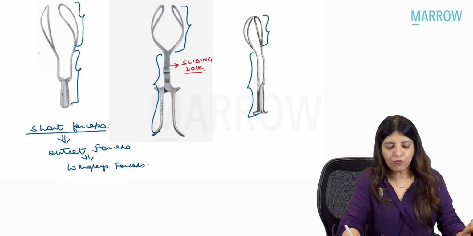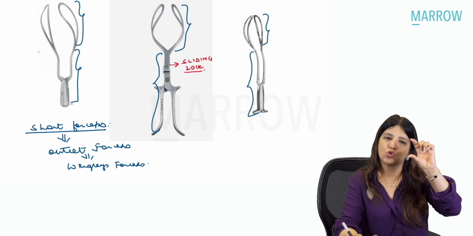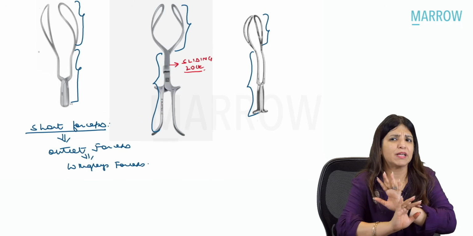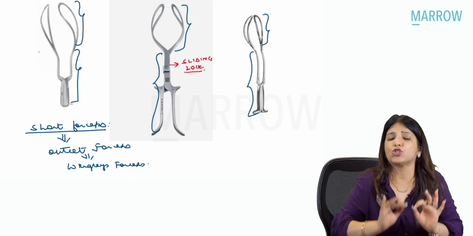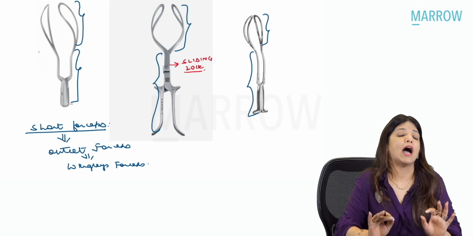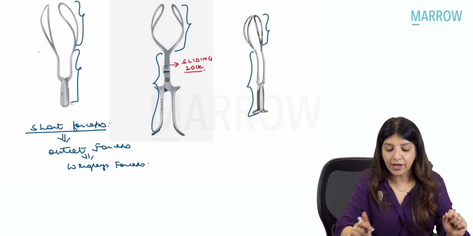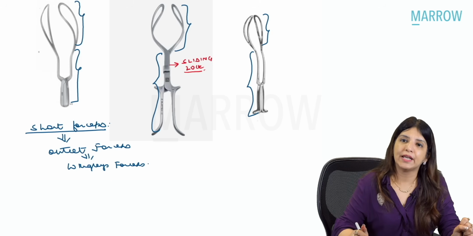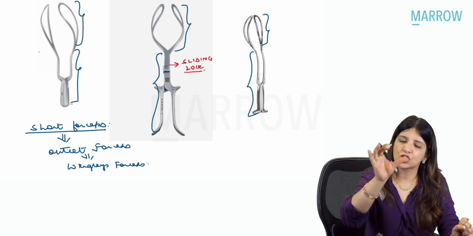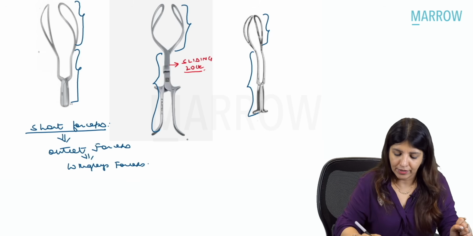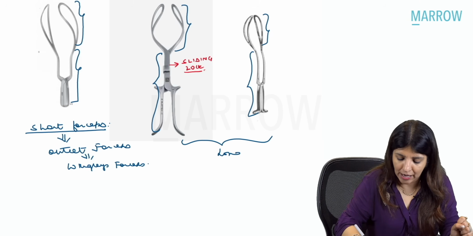Now, if you are seeing that the blade is short but the shaft and the handle are long, that means they are examples of long forceps.